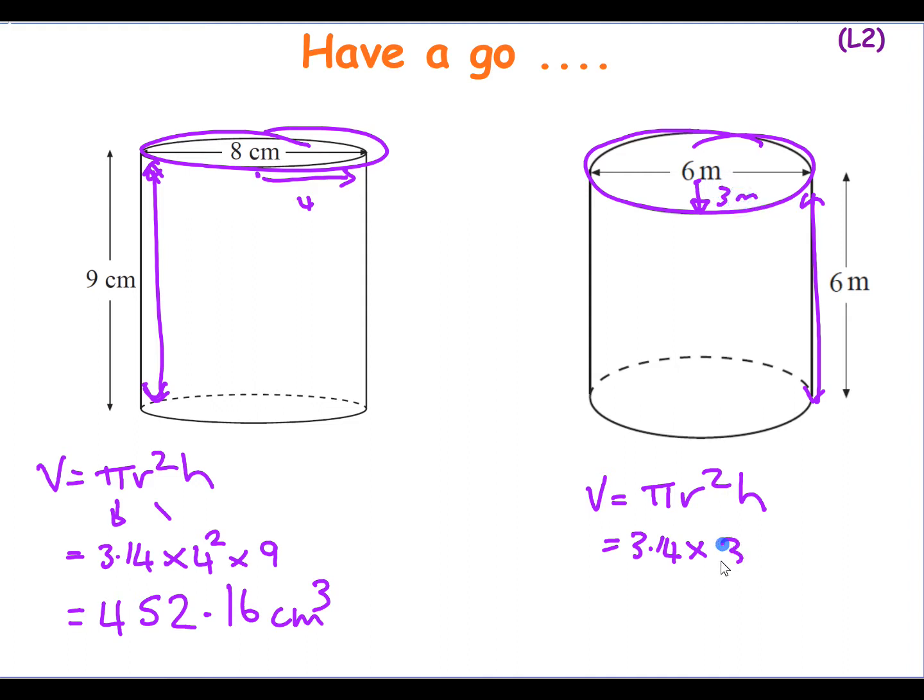So the radius is 3, don't forget to square it, times the height that they've given us here, which is 6. So put this into your calculator, 3.14 times 3 squared times 6. And that gives you the volume 169.56. This time it's meters, and because it's volume, it's cubed.